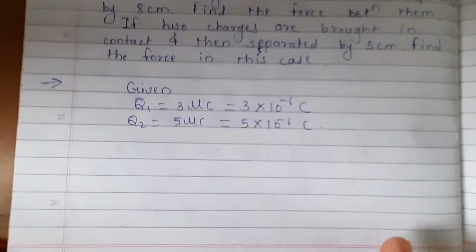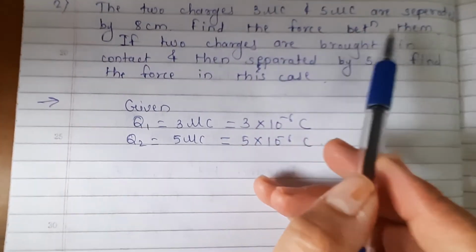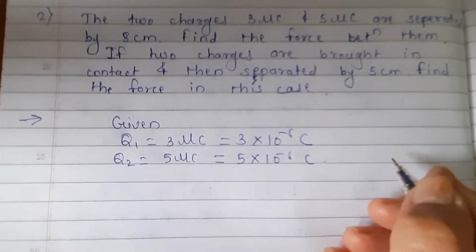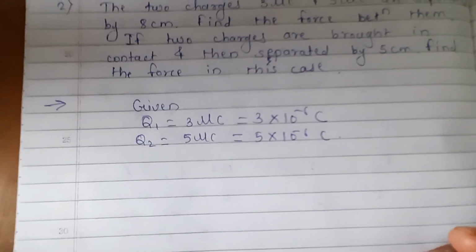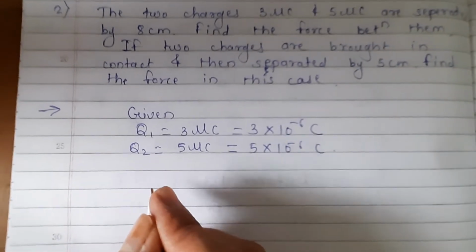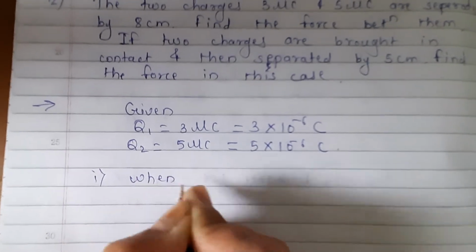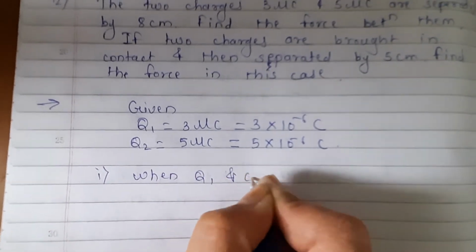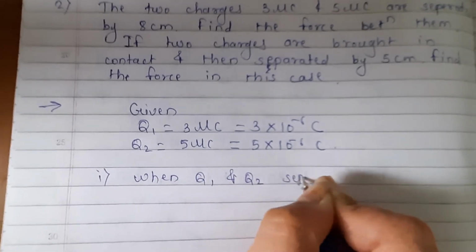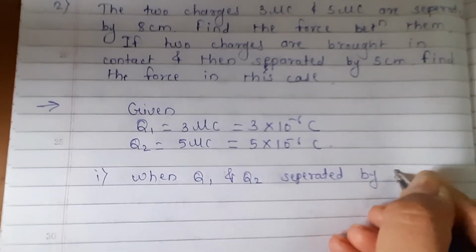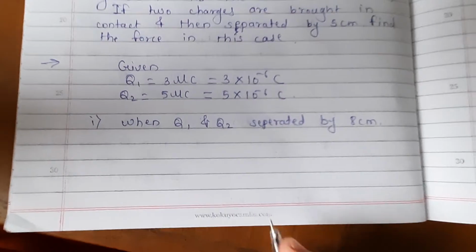Now the first case is to find the force between them. Also the distance is given, it is 8 centimeter. So in the first case, when Q1 and Q2 are separated by 8 centimeter, at that time we have to find the force.